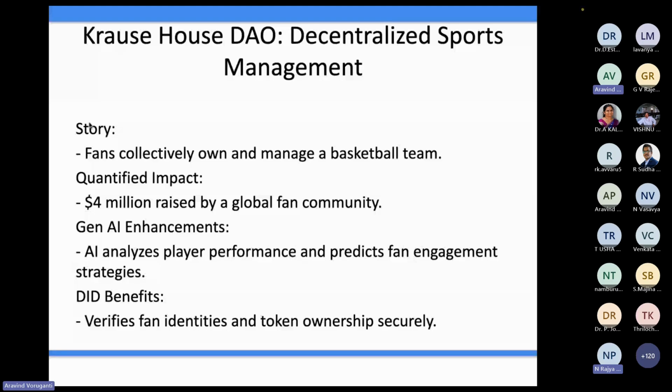But now imagine decentralized sports management where talent is recognized in a decentralized fashion, and is supported or funded in the very early stages through a common fund. And whatever success stories and revenues come out of it can be distributed back to that economy. This is what is possible, where fans collectively own and manage a basketball team.